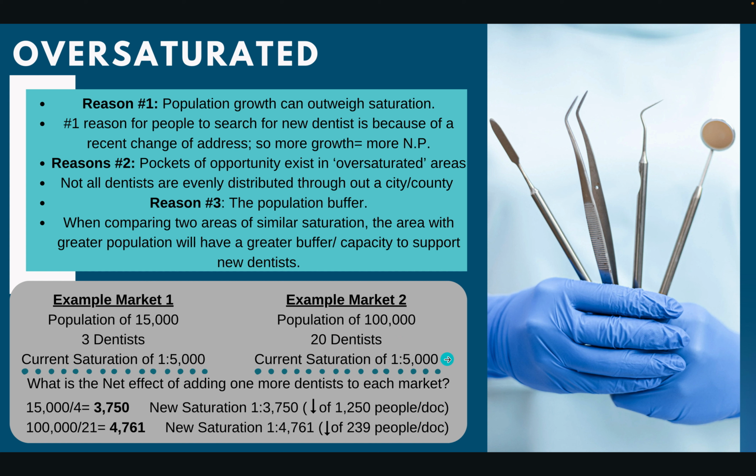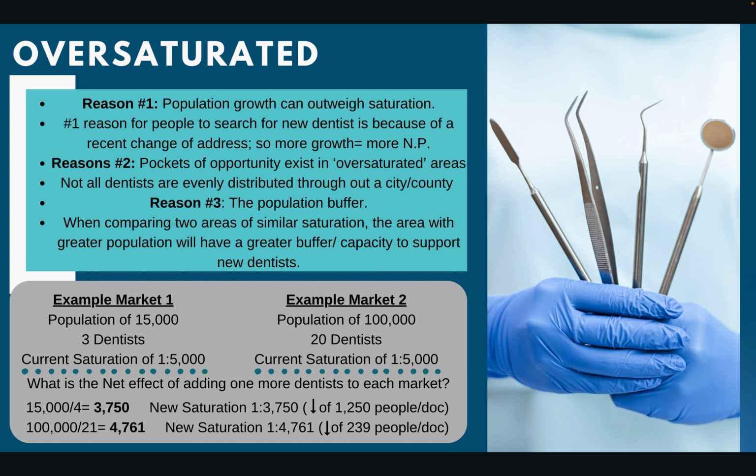So we came out to the exact same saturation, 5,000 people per dentist, right? Exact same situation. Apples to apples, when you just look purely at the saturation, it looks like there's no difference between the 2 groups.